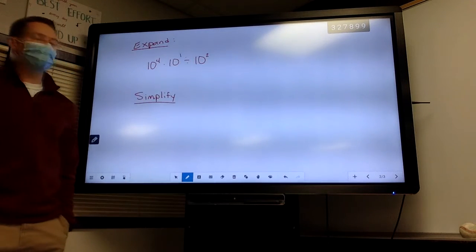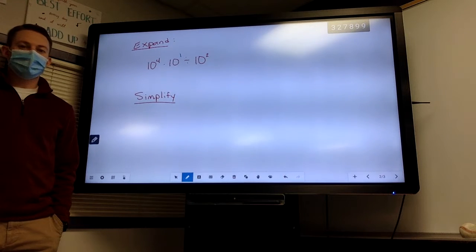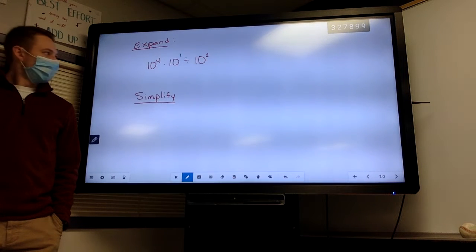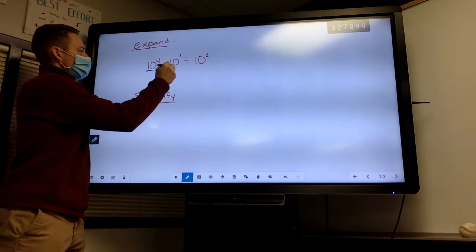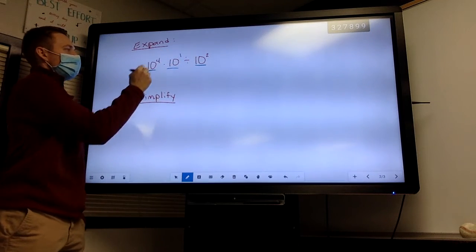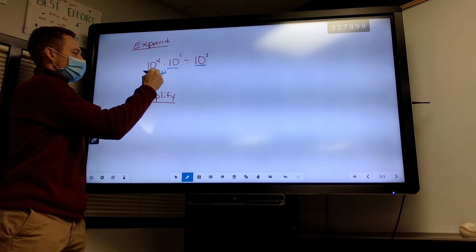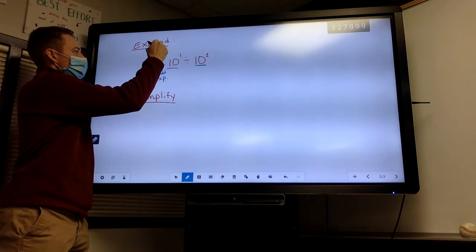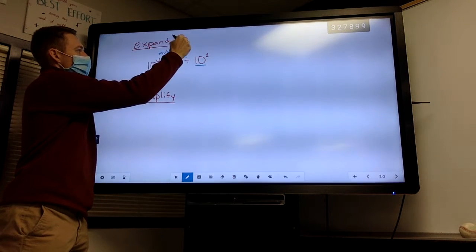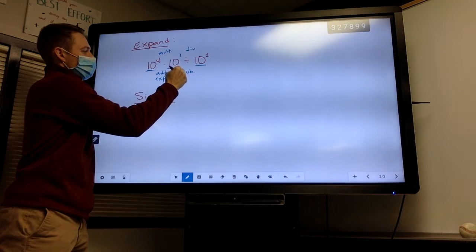So I think it helps to write an imaginary 1. And when we have the same base and we are multiplying and dividing, we're going to add the exponents when we multiply. And when we divide, we are going to subtract the exponents.